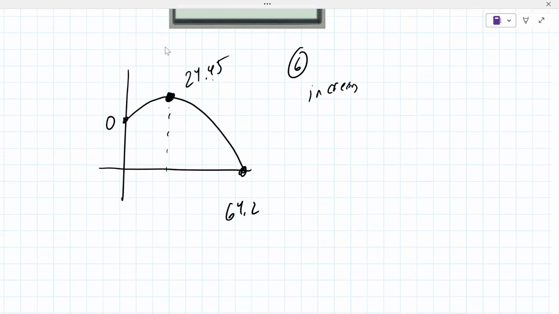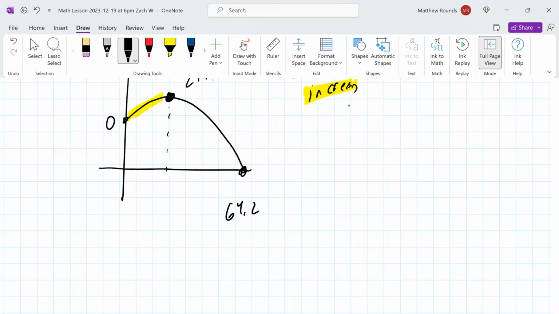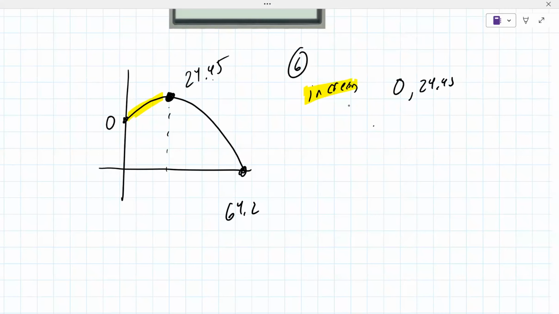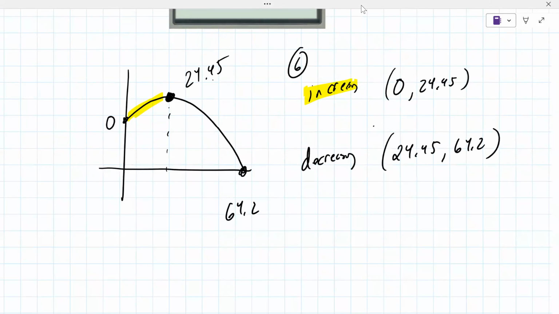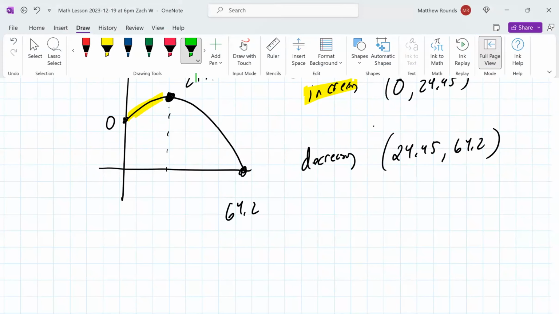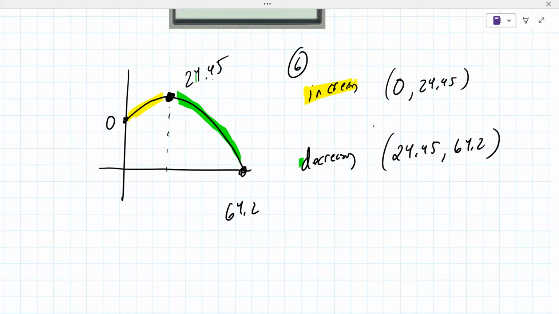So increasing, it's going up and to the right. Decreasing, it's going down and to the right. Decreasing, 24.45, 64.2.